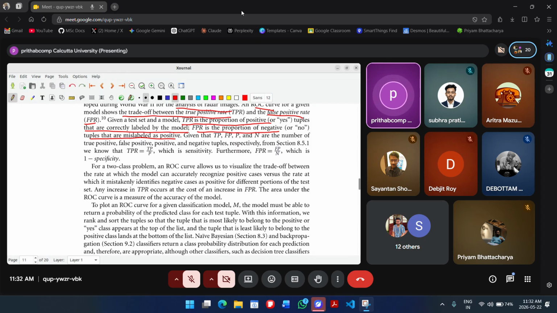Here, positive means cancer positive. So what is the trade-off between TPR and FPR? Just remember, TPR is true positive with respect to positive, and FPR is false positive with respect to the negative.